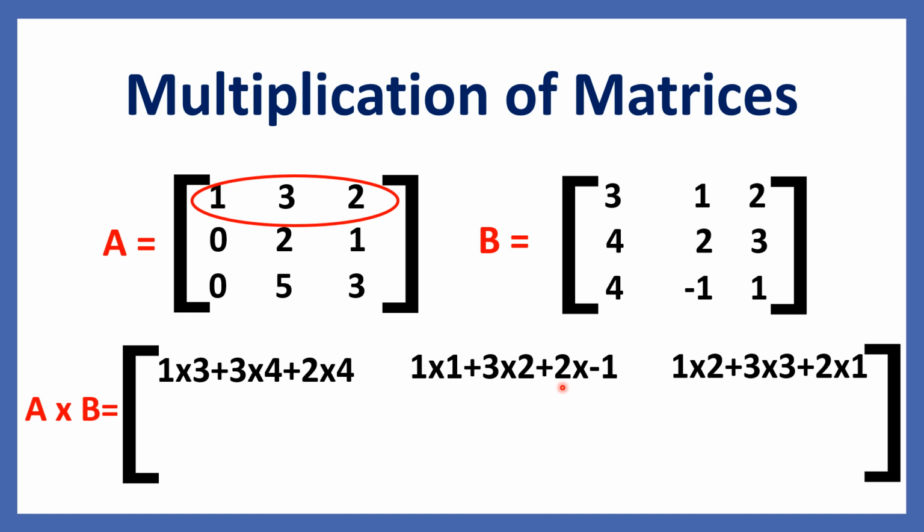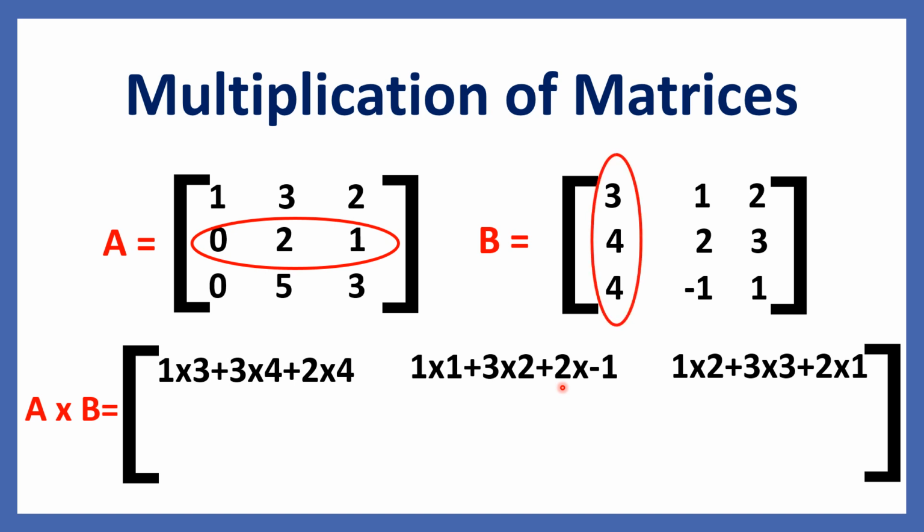Now, for getting the elements in the second row, we have to consider the second row of the first matrix and first column of the second matrix, that is matrix B, and we get the first element in the second row as 0 into 3 plus 2 into 4 plus 1 into 4.